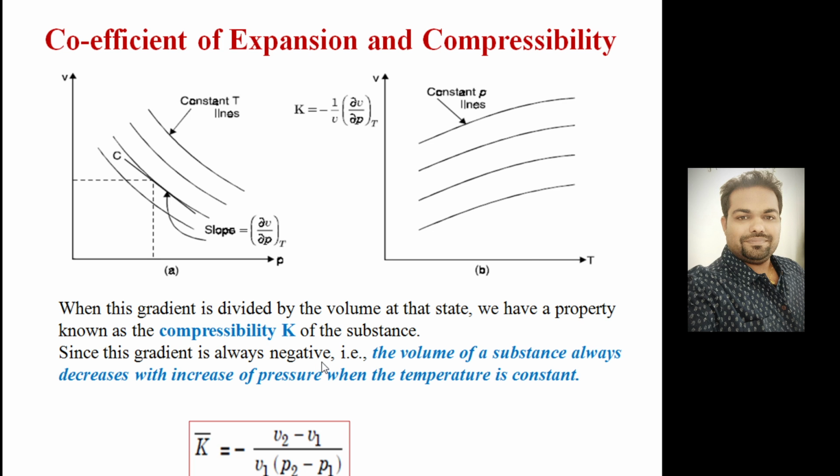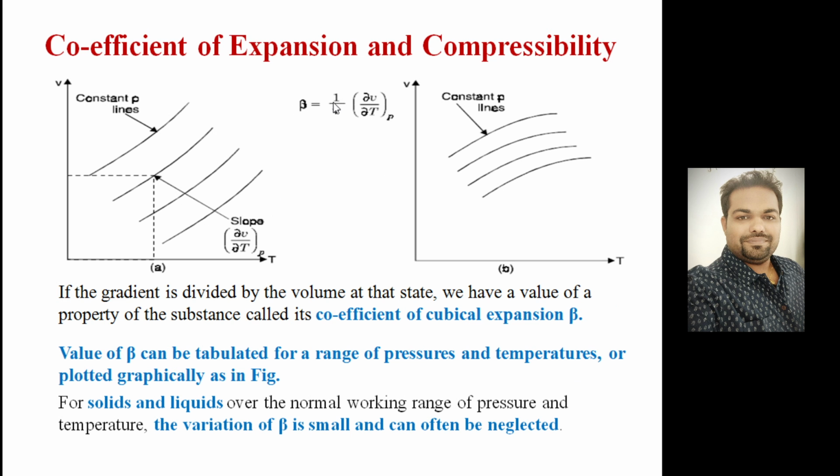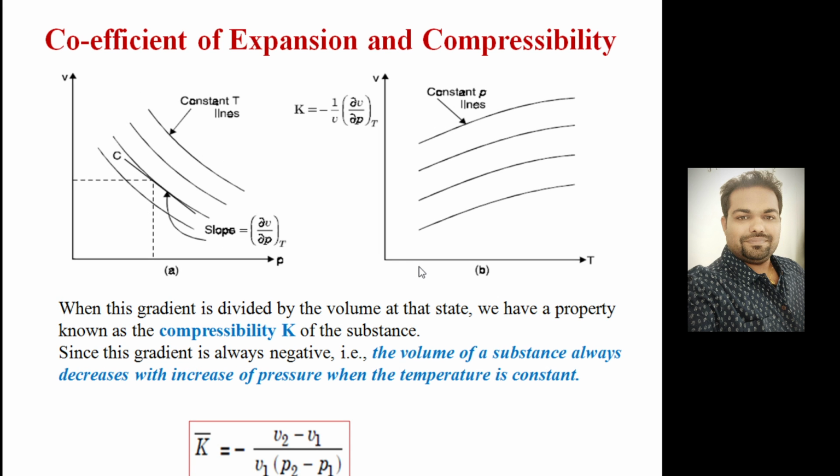Compression means volume is decreasing, so the negative term is coming. And when you talk about expansion, volume is getting expanded, that's why the positive term is here, (1/V)(∂V/∂T) keeping pressure constant. These two are the important variables.